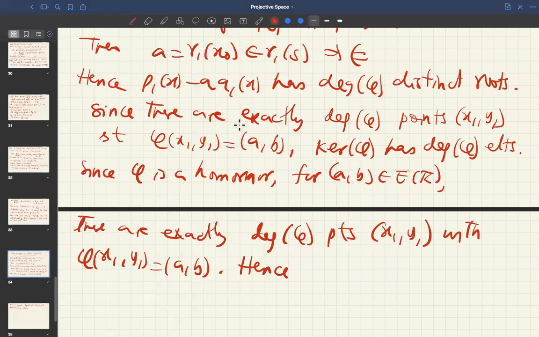To do that we worked out different properties and manipulations, and we saw that p1x minus a q1 has exactly degree phi distinct roots, which gives that there are exactly degree phi points x1 y1 satisfying this. So this tells you that kernel also has degree phi elements, because if the kernel had more than degree phi elements, then phi of x1 y1 equal to AB would have more than degree phi elements.